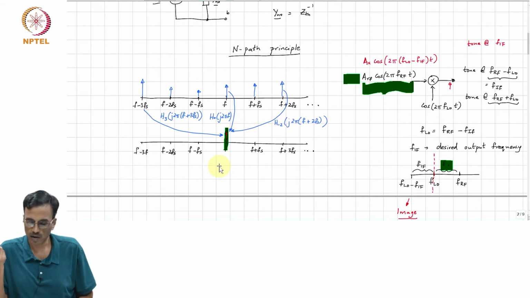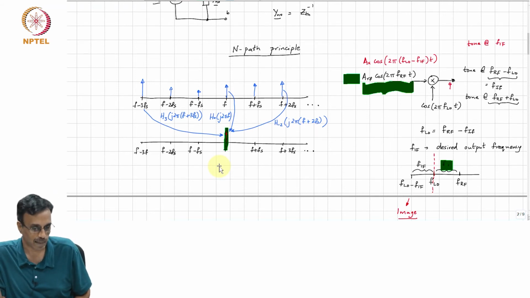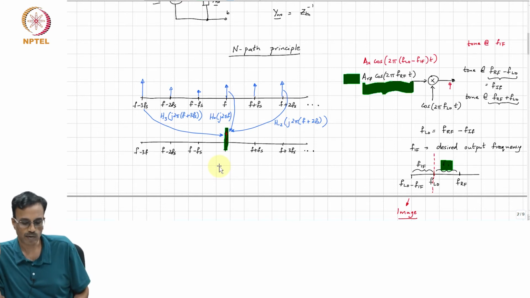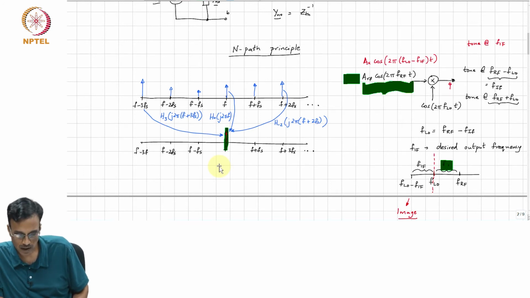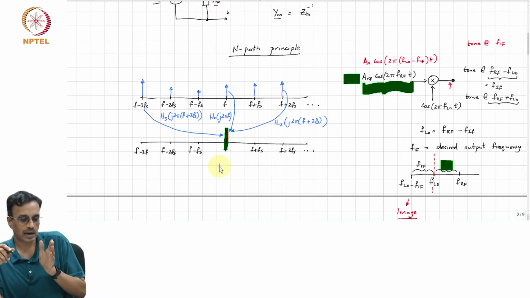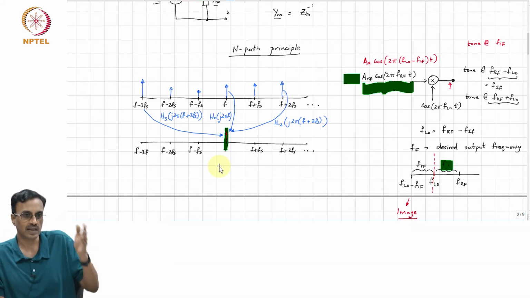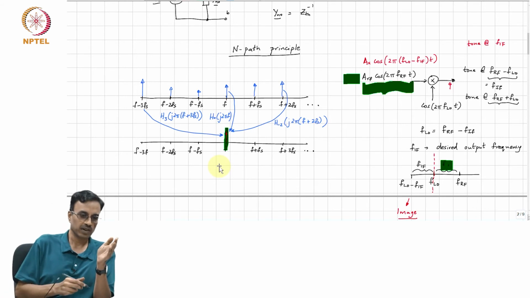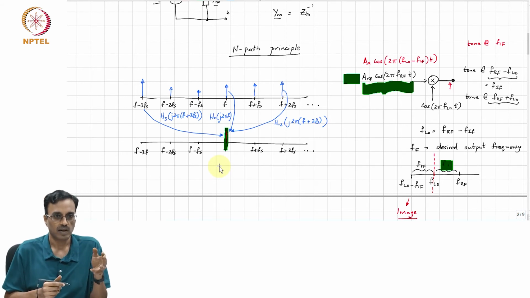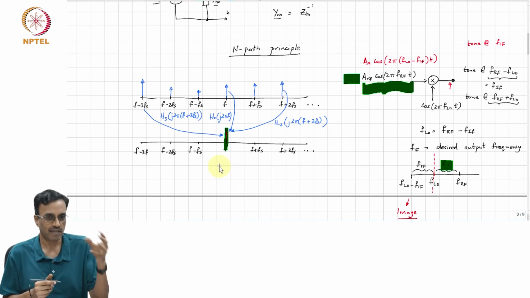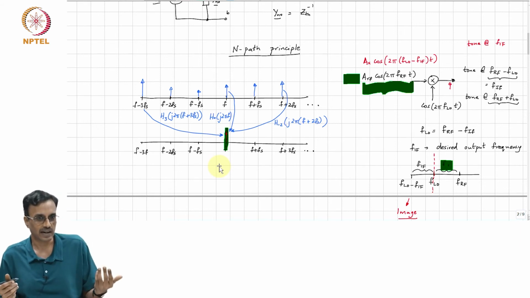Another example I can think of straight away is sampling. Sampling, as we have already seen, is also a linear periodically time varying operation, and there are multiple input frequencies that can result in the same output frequency. For instance, if you sample an input tone at Fs, it will appear like DC.